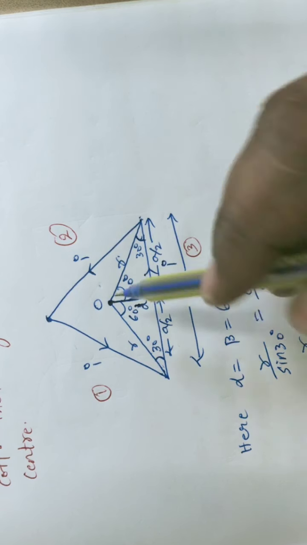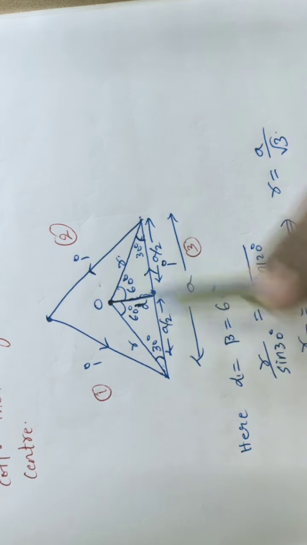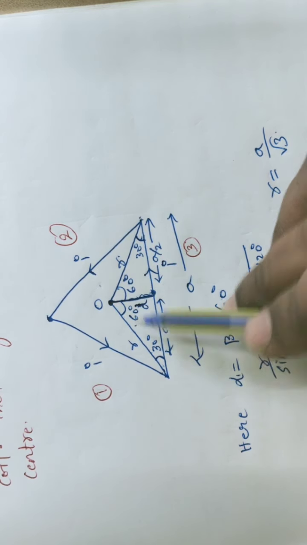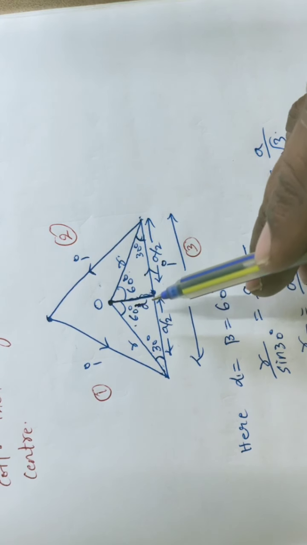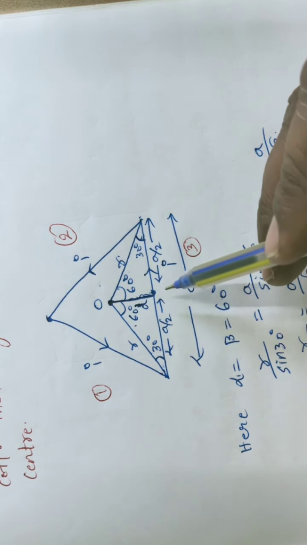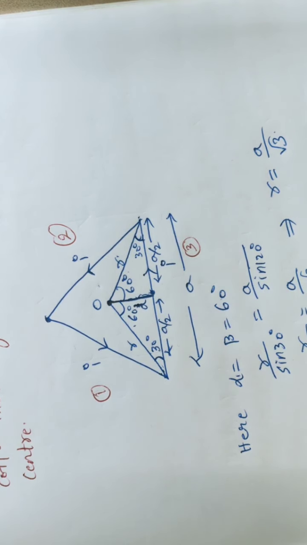So now what happens, students? From observing the diagram we have one idea: alpha is equal to beta is equal to 60 degrees. Let this be alpha and this one be beta. This one is the perpendicular distance d, and this one is actually a. Are you understood, students?